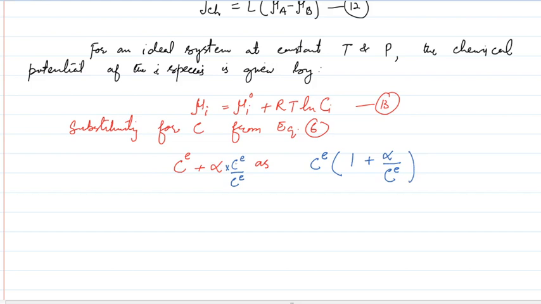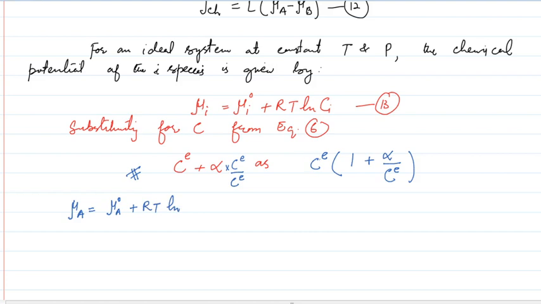So we will take this generalized situation and apply to reactant A and B as well. So we will get the chemical potential of A, suppose, will be equal to mu A naught plus RT ln.